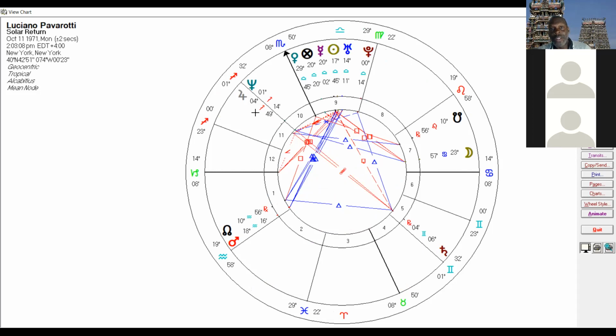Here is Saturn opposing this Jupiter. Jupiter is ruling the 11th, and the 11th is future hopes and wishes. But the best thing was this trine between Mars and the sun.